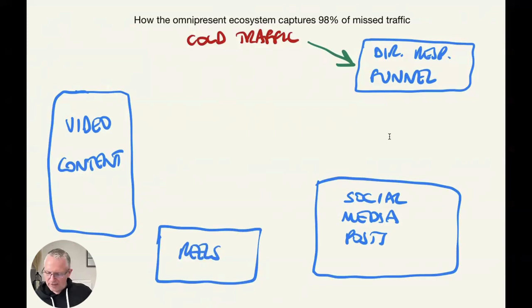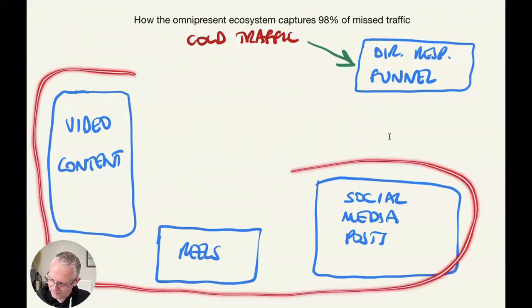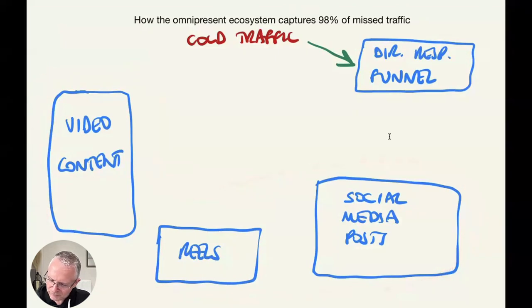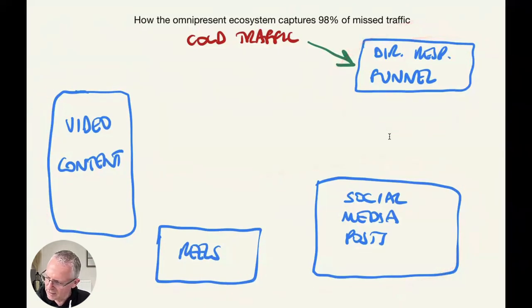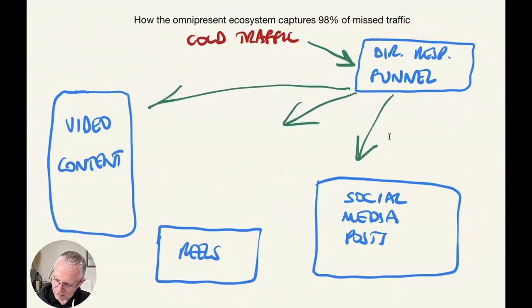And the idea is that you're building up an ecosystem of content down here. And what we would do is anybody that falls out of your direct response funnel, let's go green, they will then be fed into a retargeting pool so that they can start to see this content.